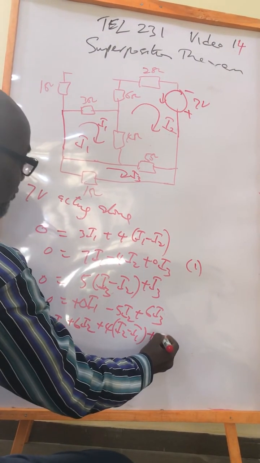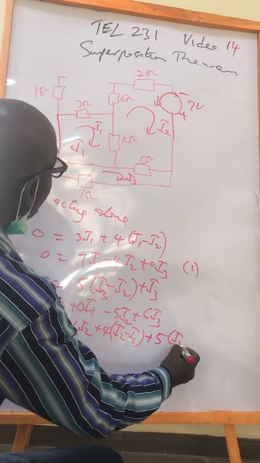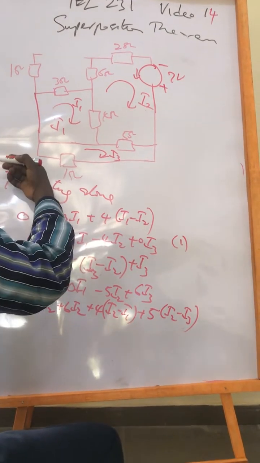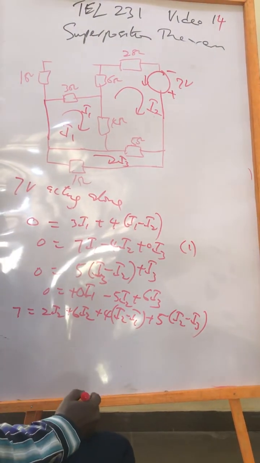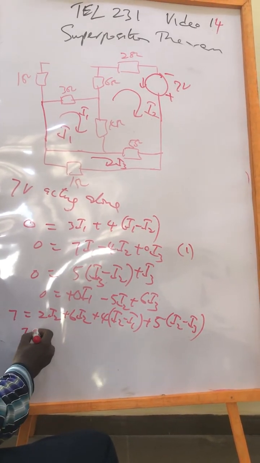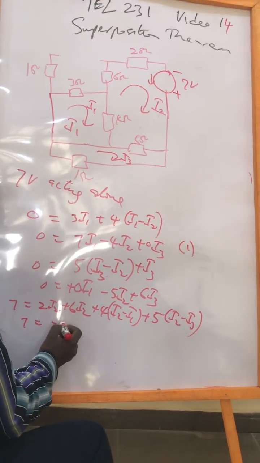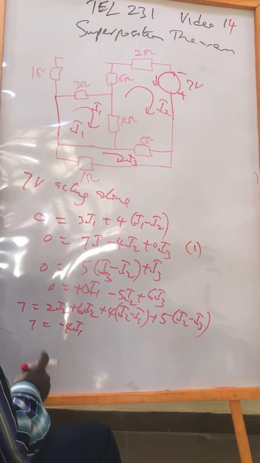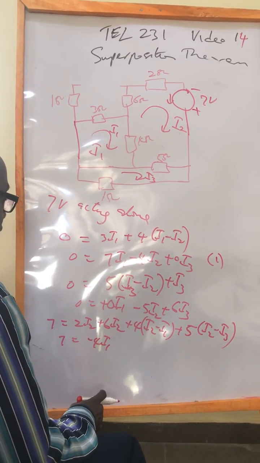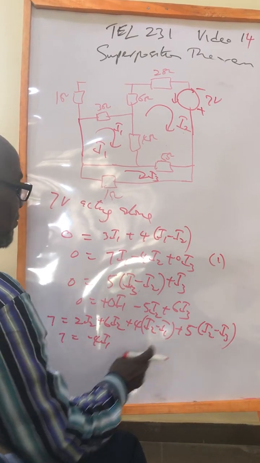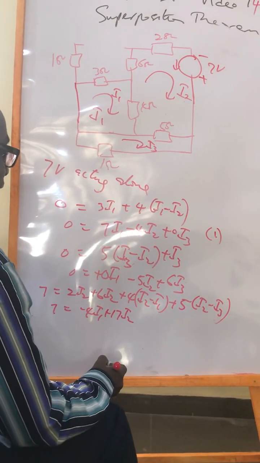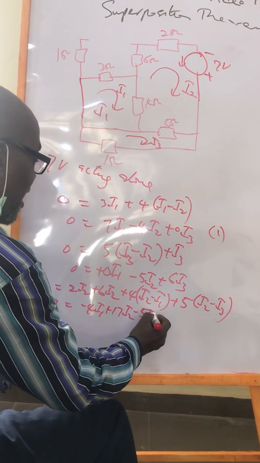Then plus 5I2 minus I3, because I2 is dropping current in this direction, but I3 is going like that. I2 is the owner here. So 7 equals minus 4I1, plus 2 plus 6 is 8, plus 4 is 12, plus 5 is 17. That's plus 17I2, and then minus 5I3.